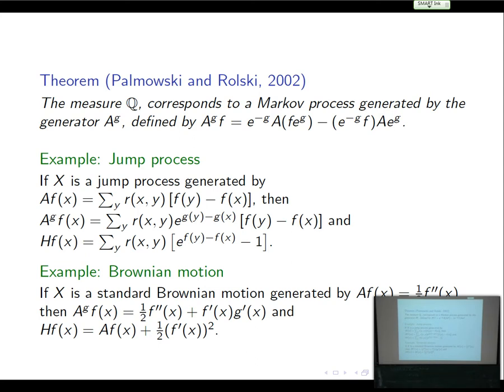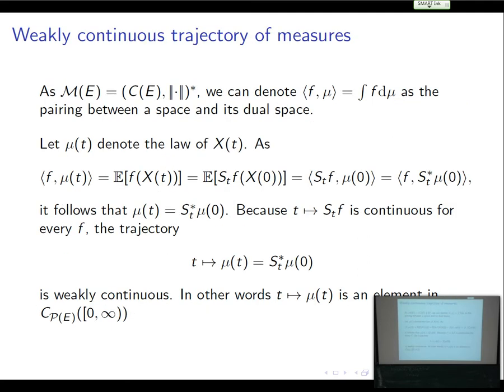Okay. Then I want to go to a problem. In the second slide, I looked at large deviations for these Brownian motions, and there I had absolute continuity for the trajectories of measures. Well, in that setting, we kind of know what to do with that and what that means. But in a completely general setting, it's unclear how we should define absolute continuity for a trajectory of measures.